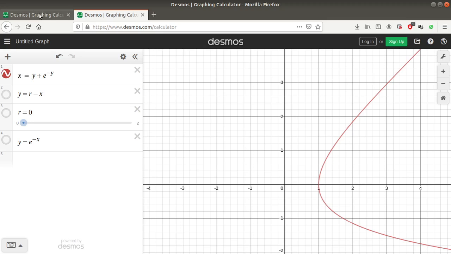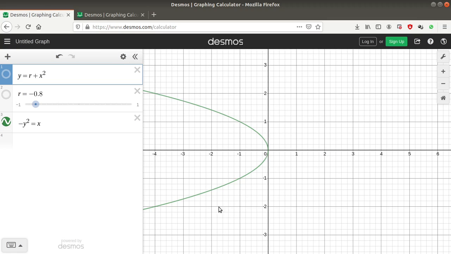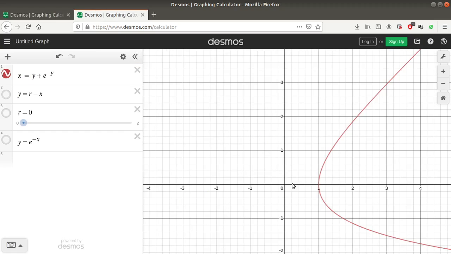Okay, if you see, this curve is very similar to this one, where this is my r and this is my x star, and if I keep on increasing my r value, suddenly at this point the bifurcation occurs, where we are getting two fixed points. Of these two fixed points, one is going to be a stable fixed point and the other an unstable fixed point.